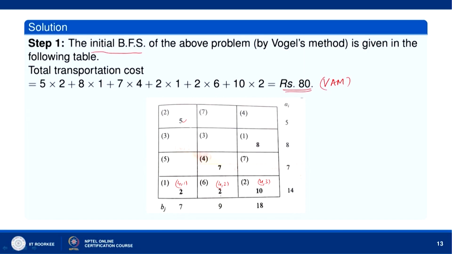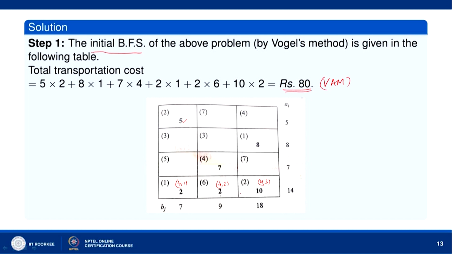Let us inspect all rows and columns which have got various allocations. First row has got allocation of 5 units, second row 8 units, third row 7 units, and fourth row 14 units.